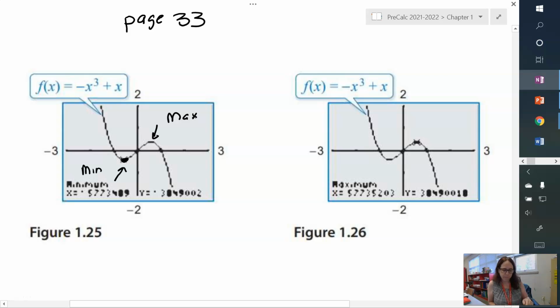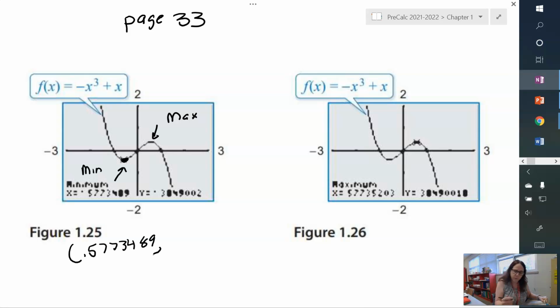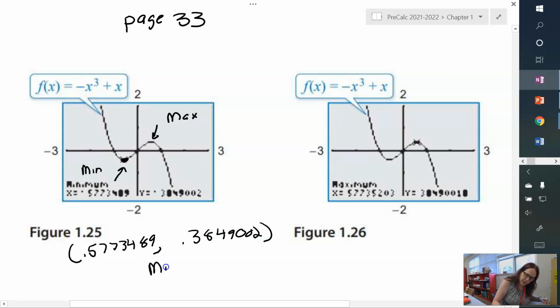And our minimum on this graph is at, I'm going to read it from my book. It's a little bit hard for me to read it on the screen. It says 0.5773489. That's the x, and the y is negative 0.3849. So that's your minimum.